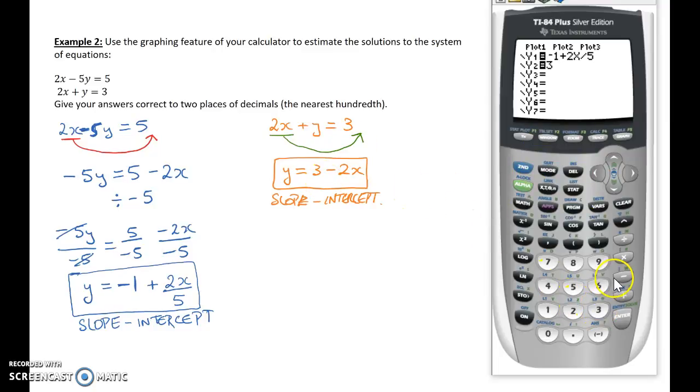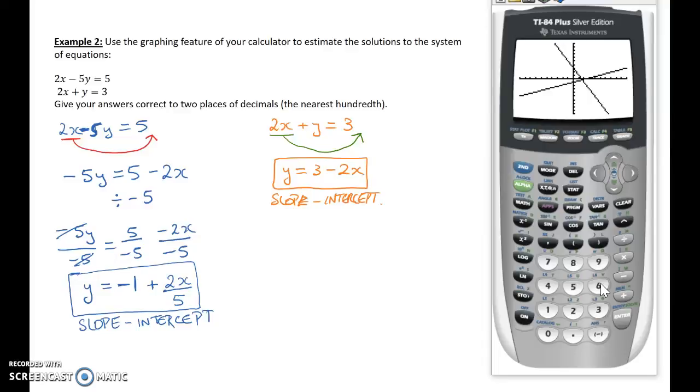So 3 minus 2x. Okay? Now if you want to see what those look like, you can hit zoom and 6. Okay, and that's the first line, and there's the second line. And you can see that they meet somewhere close to the x-axis.